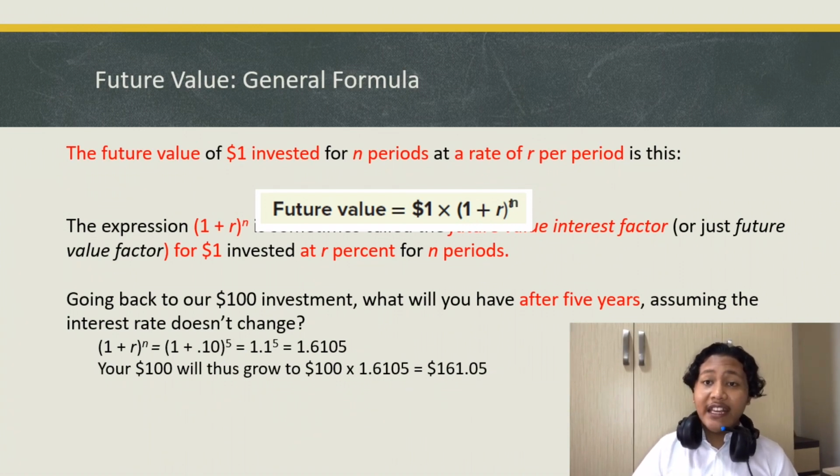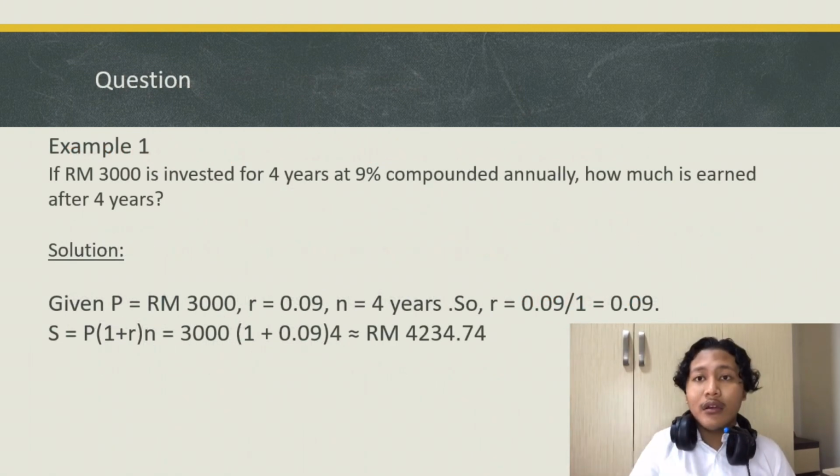If the question asks for 1 year, n is 1 year. But this time the question asks after 5 years, which means that n is 5 years. Then 100 times 1.10 to the power of 5, you will get 161.05.